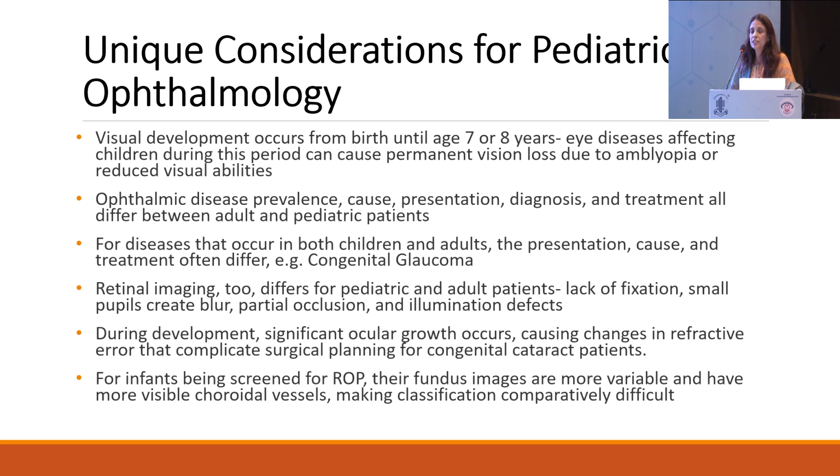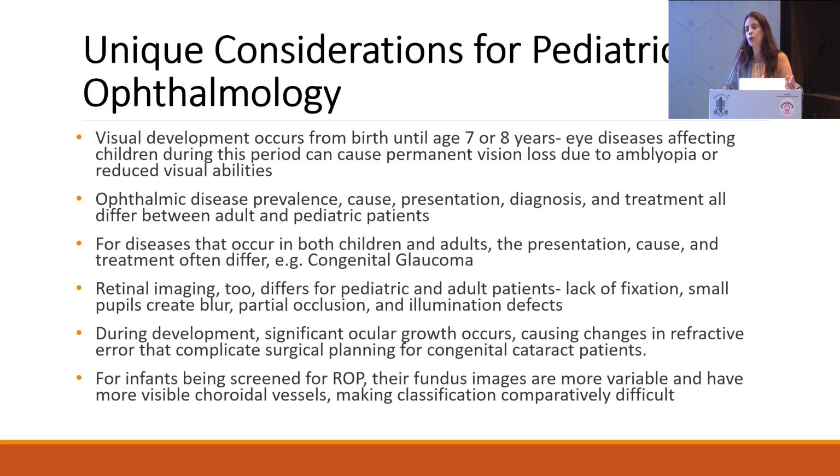The prevalence, diagnosis, treatment and presentation of these diseases in children are not the same as for an adult eye, even for congenital glaucoma and congenital cataract, as Sir showed initially in the first presentation. Retinal imaging also differs a lot, because an adult will cooperate and a child will not.